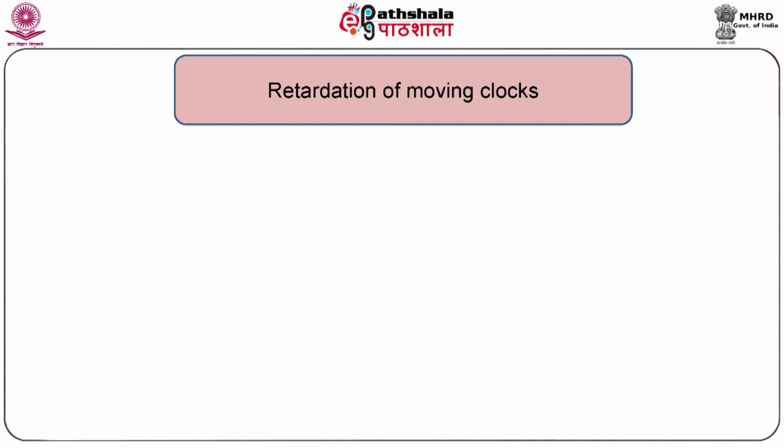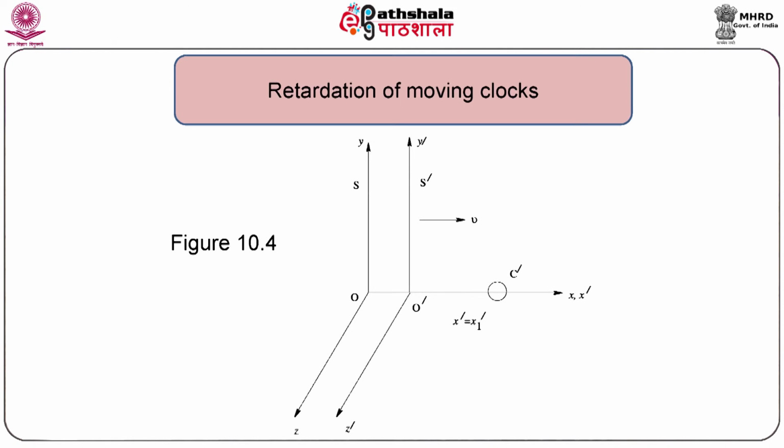Let us discuss another interesting phenomenon, which is retardation of moving clocks, popularly known as clock paradox. Consider figure 10.4. In this figure, two frames S and S dash have been shown. O is the origin of frame S, O dash is the origin of frame S dash.